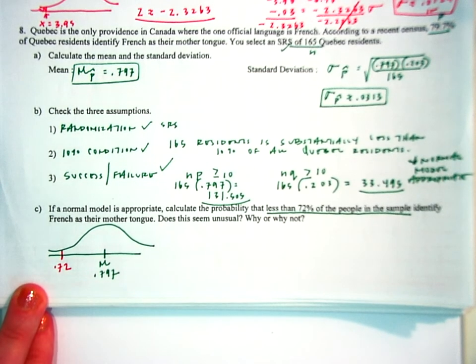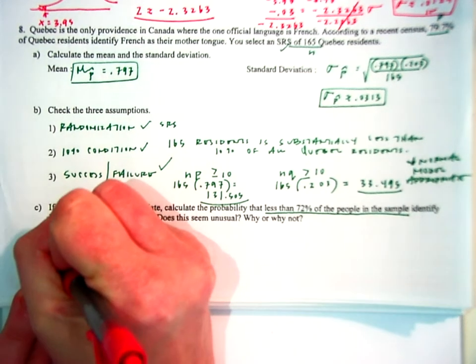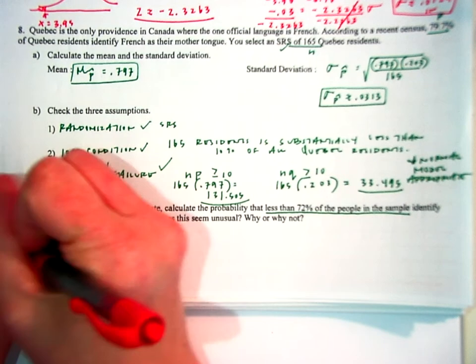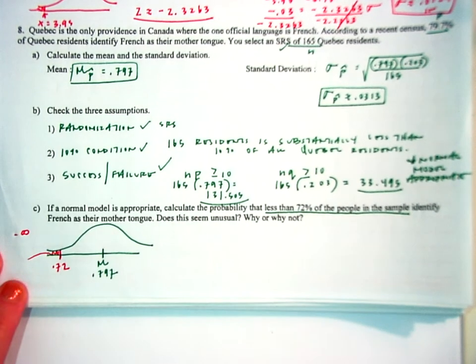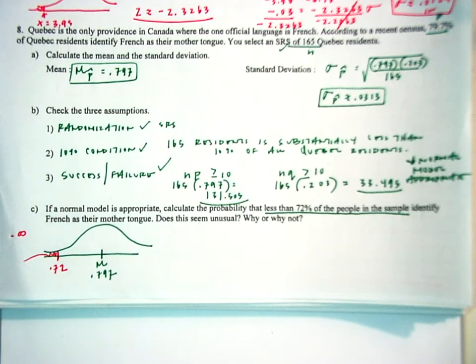So is it unusual to see 72% of Quebec residents or less that identify French as their mother tongue? So here, negative infinity. And then here I would do my placeholder for negative infinity. So anything that's in the 999s, anything that's really big, is a placeholder for infinity.